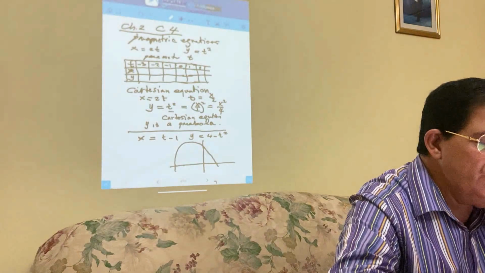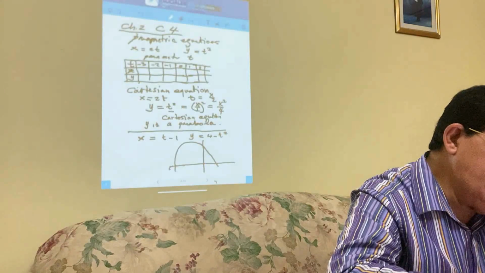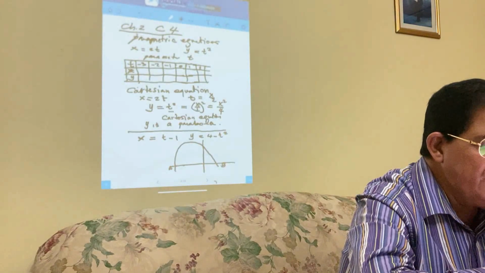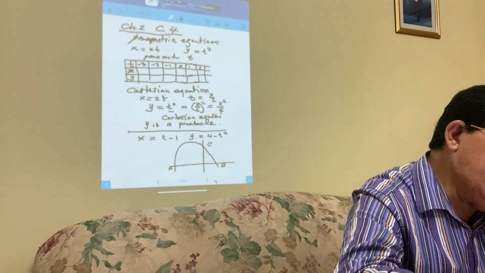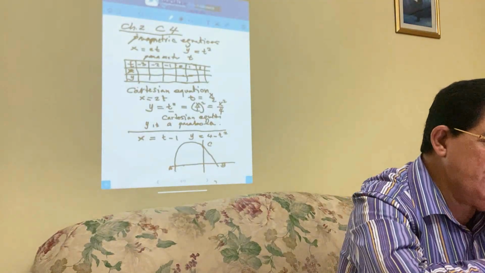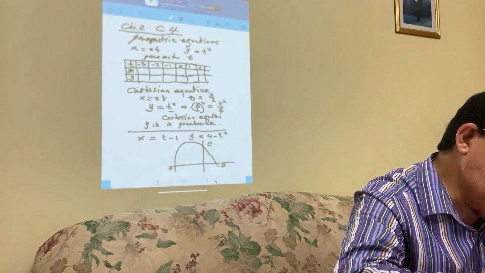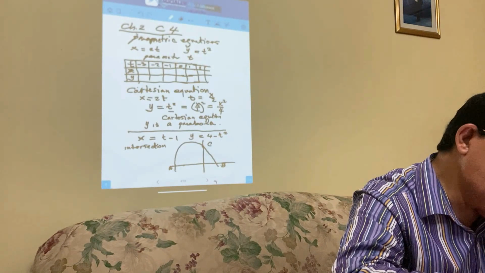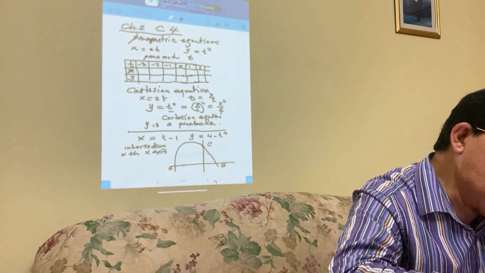Can we get knowledge about many things? Can we get the coordinates of points A and B where the curve cuts the x-axis? Can we get the coordinates of point C where the curve cuts the y-axis? Things like this. Yes. If we are going to get the intersection with the x-axis, we put y equals 0.